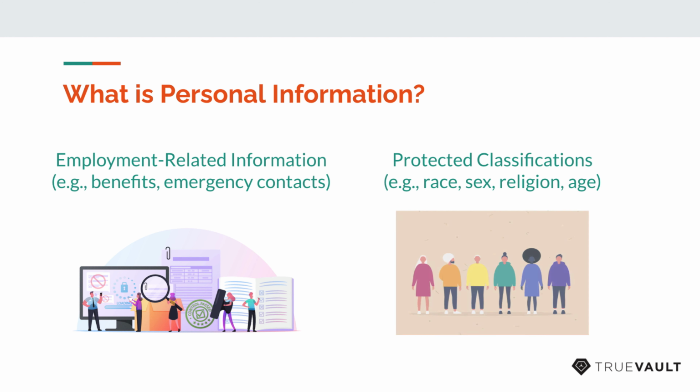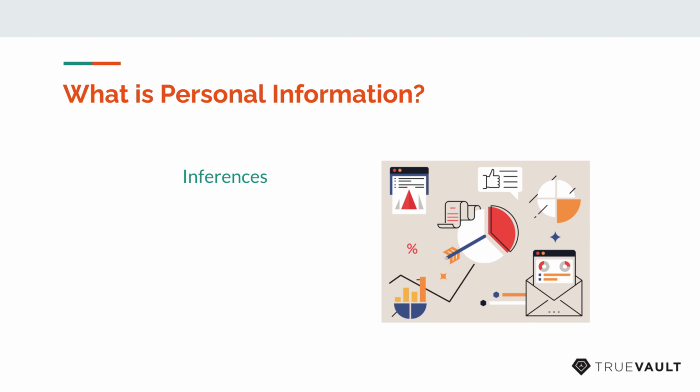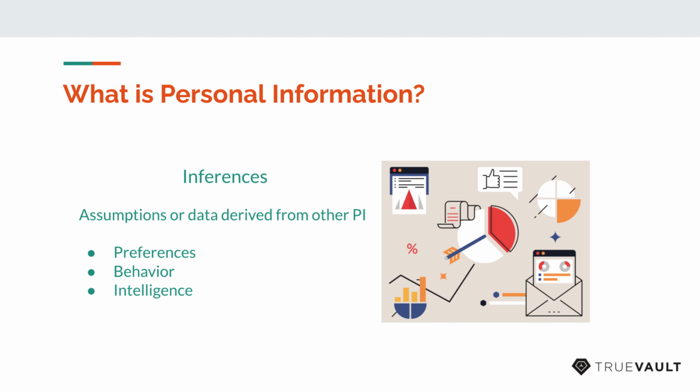Personal information also includes protected classifications under California or federal law. For example, race, sex, religion, national origin, disability, age, political affiliation, and others. Finally, personal information includes inferences, which are assumptions or data that can be derived from any other type of personal information, such as inferences about a consumer's preferences, behavior, and intelligence.